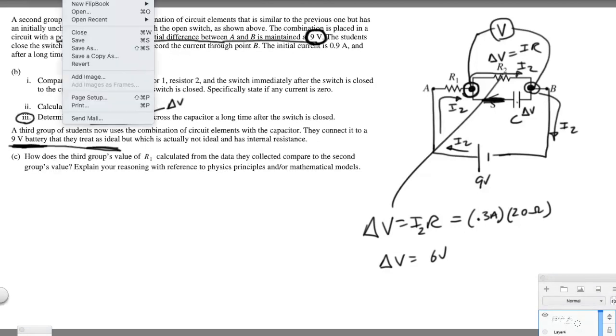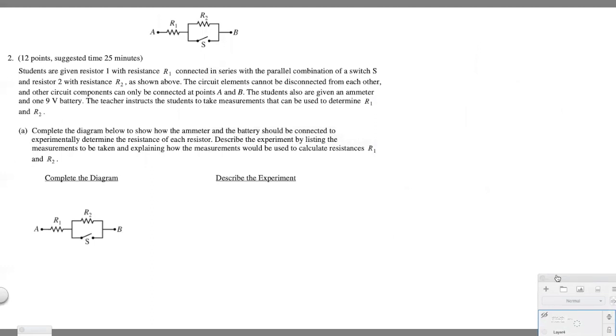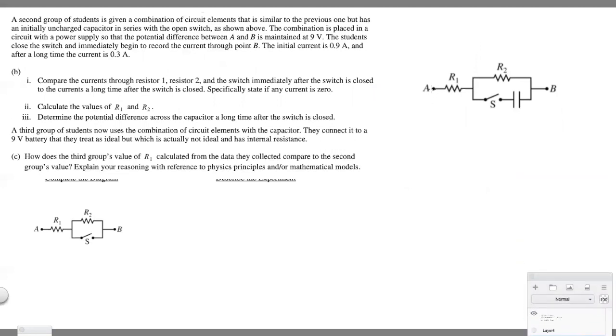Okay, let me go one last time. Okay, so here is our circuit.